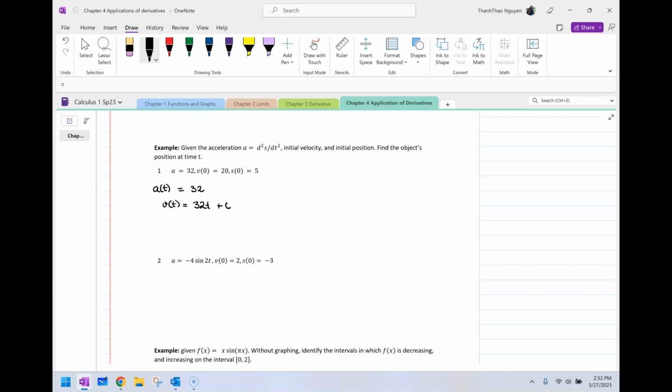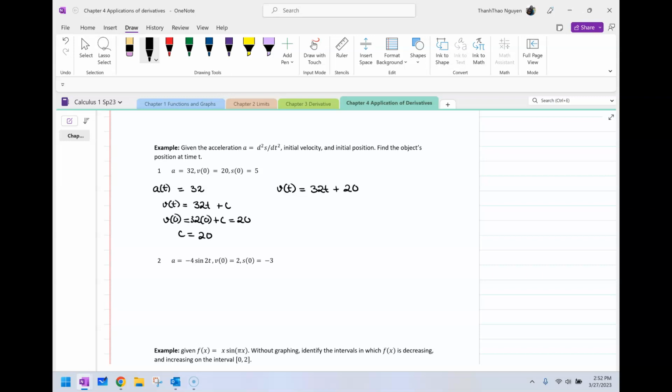Now I was told that v of 0 equals 20, so I can figure out that constant. v of 0 equals 20, so 32 times 0 plus c equals 20. This means c equals 20. So now I come up with the velocity function equal to 32t plus 20.